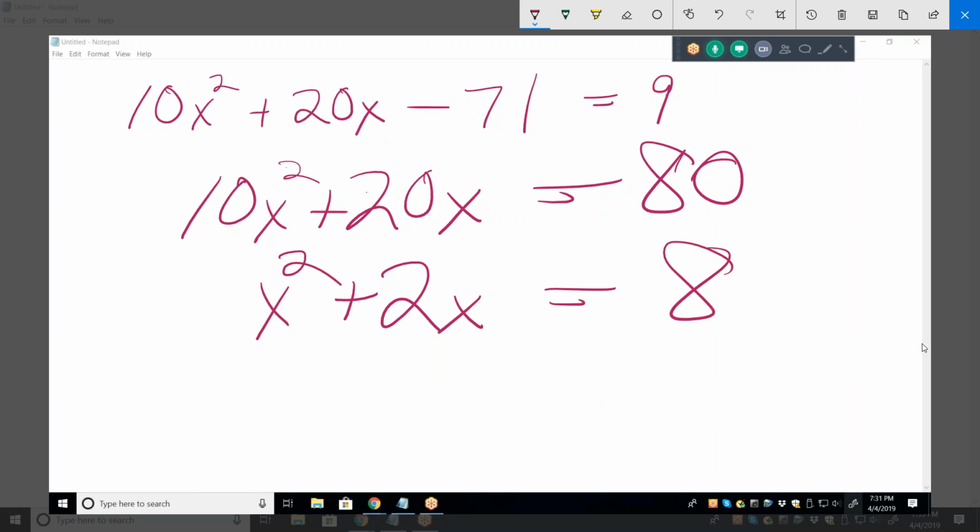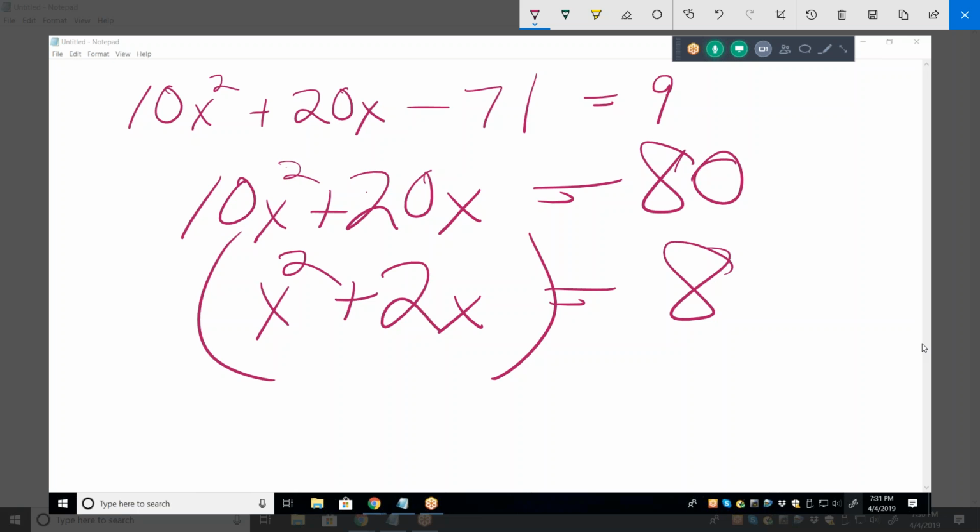All right. Let's talk about completing the square. Okay. You can complete the square whenever you have an x squared term and an x term. And the way you complete the square is by taking half of the coefficient of the x term and squaring it, and then adding it to both sides.